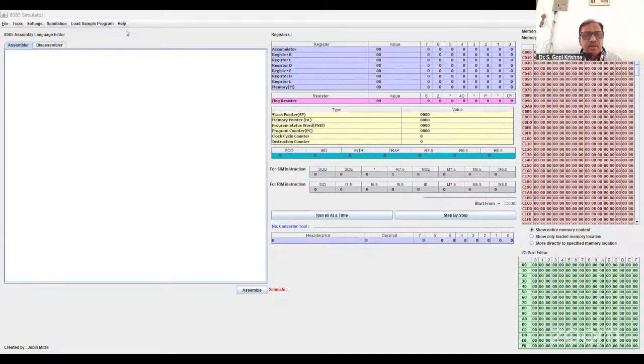So push B or push A, push C, push E, something like that. Then after completing the subroutine, again we have to get back all the data by the pop instruction with a register pair.